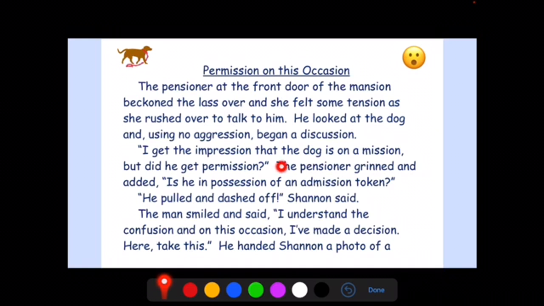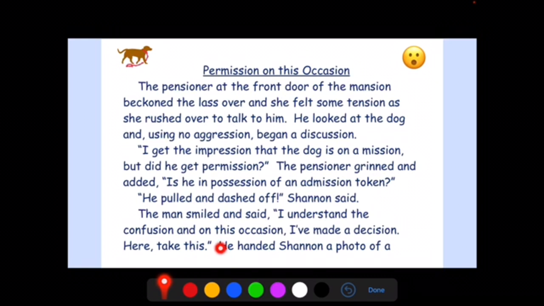I get the impression that the dog is on a mission, but did he get permission? The pensioner grinned and added, Is he in possession of an admission token? He pulled and dashed off, Shannon said. The man smiled and said, I understand, and on this occasion I've made a decision.